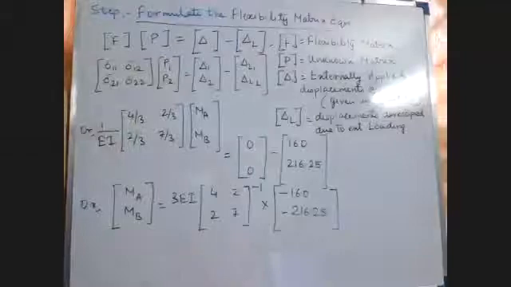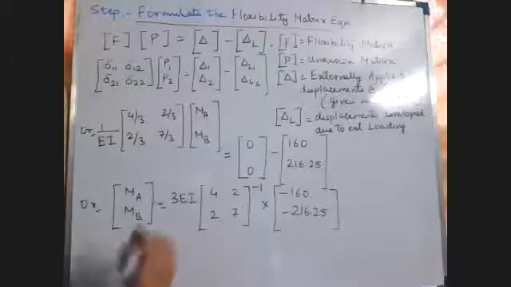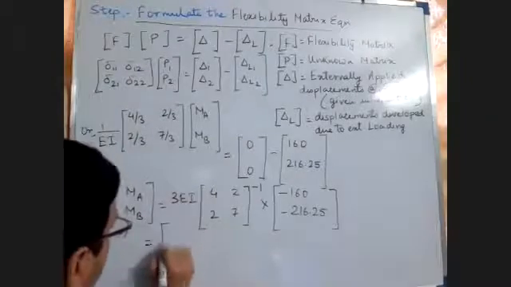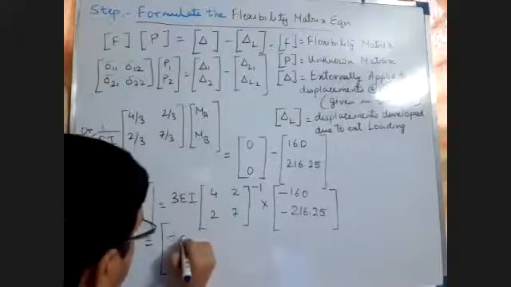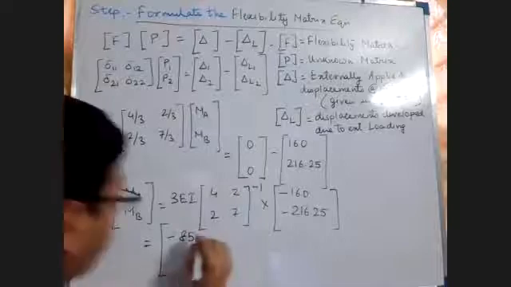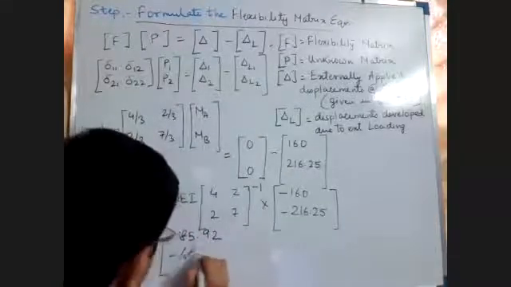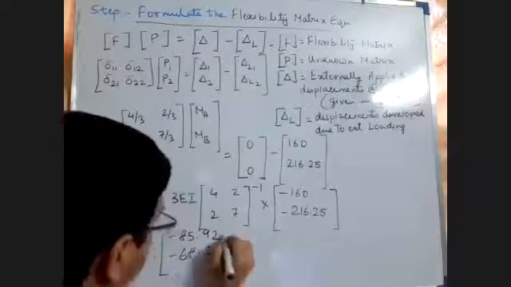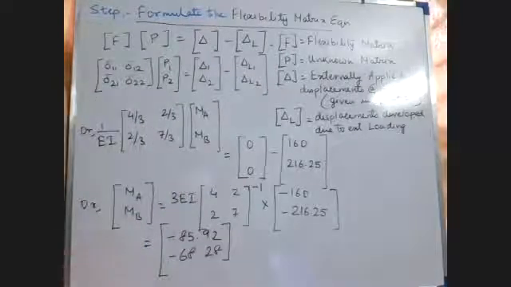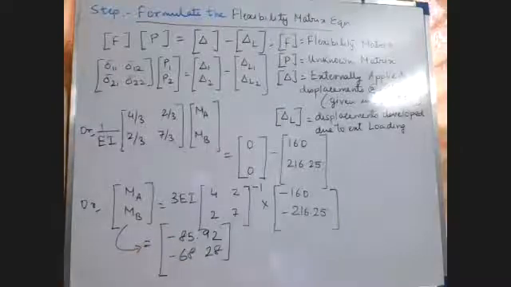And finally, the result of the moments MA and MB is coming about -85.92 and -68.29. So finally, the values of moments A and B are coming in this fashion.